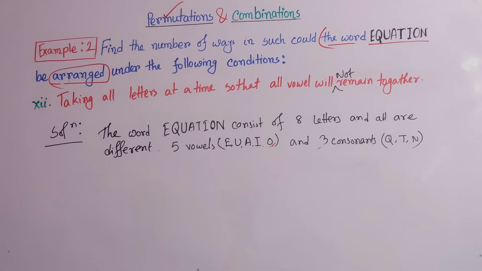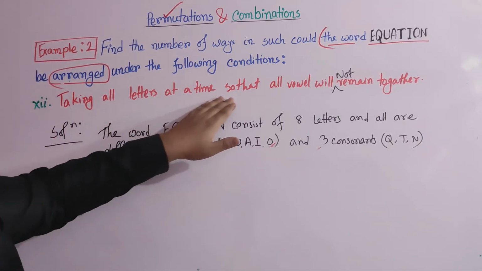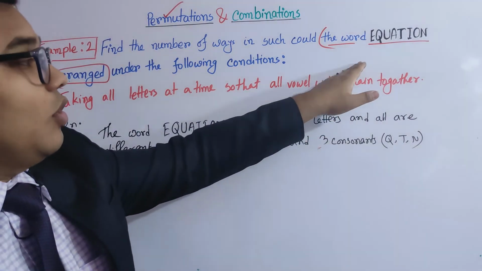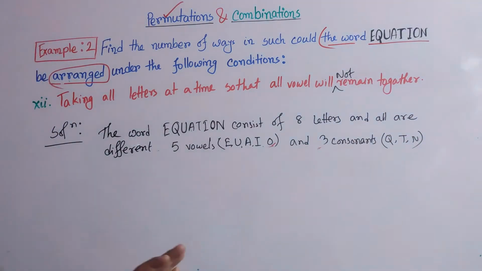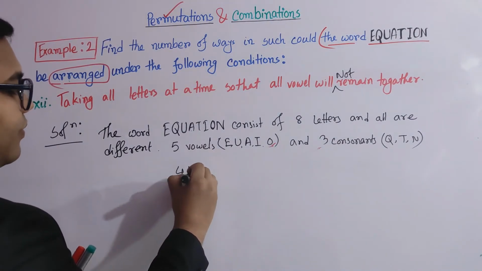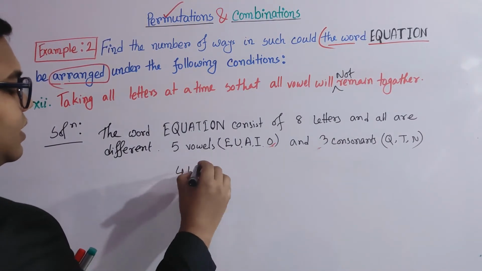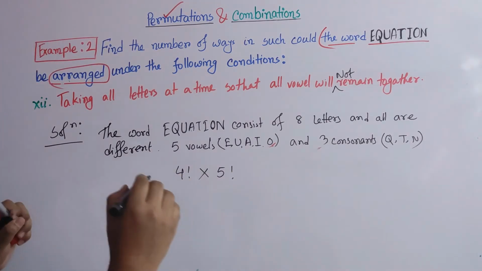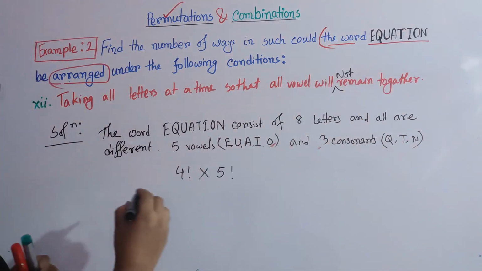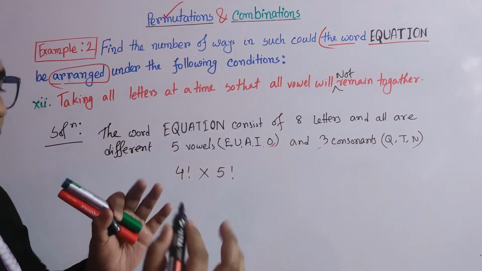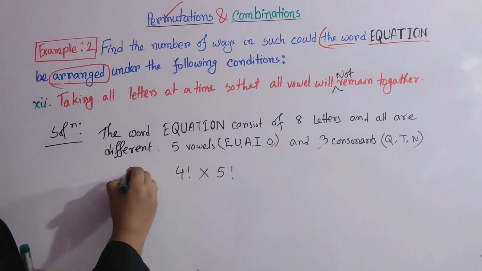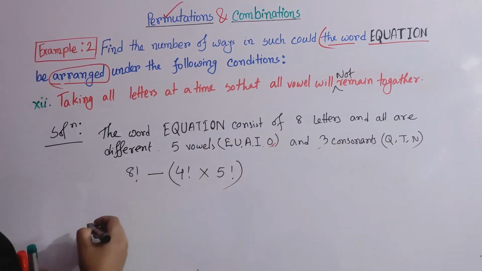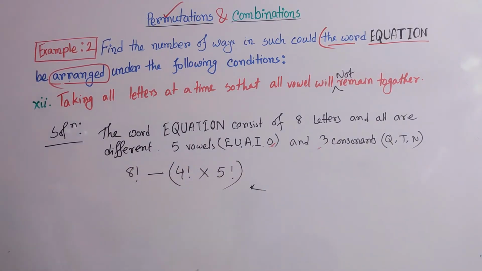If the question is like question 12, taking all the letters at a time so that all vowels will not remain together, then how can we go for that? We know the answer of remaining together was 4 factorial into 5 factorial, and since it is not together, we subtract from the total. The total was 8, so from 8 factorial we subtract this, and we get our answer.